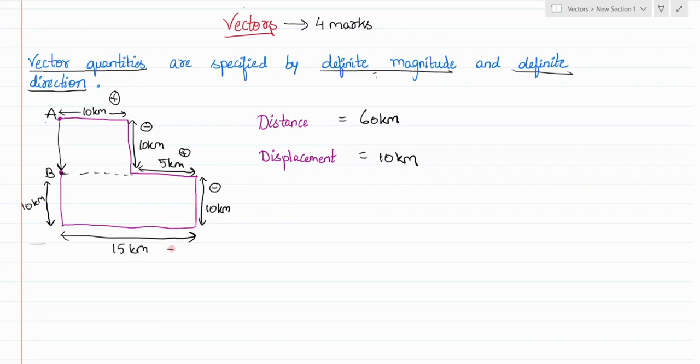And here it's negative, right? So it became minus 20. From here you are going up, so it becomes plus 10, right? Now it becomes minus 10. So the displacement is 10 kilometers when you take the directions into account. So here we can tell distance is a scalar quantity and displacement is a vector quantity, as we are taking the directions into account.